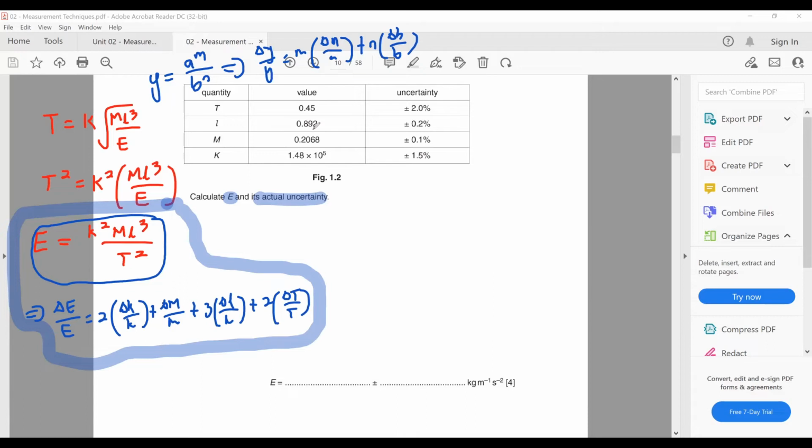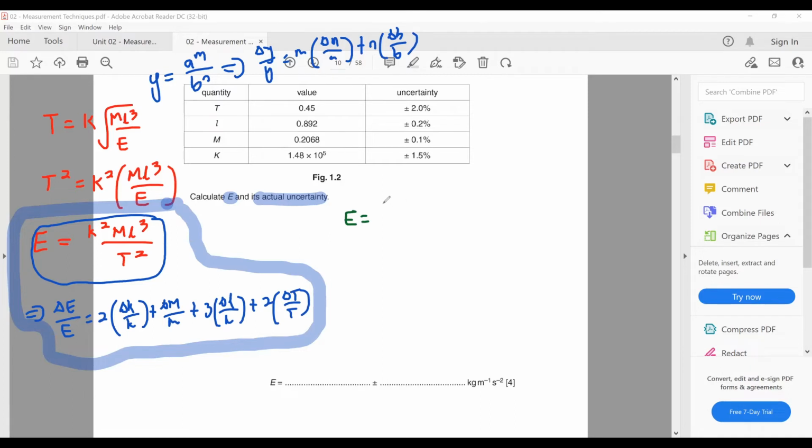You already have all the values here, and they're already in SI units, so you don't need to bother about converting from one unit to another. Just assume that everything is proper already because they're all in SI units. So what you do is you say that E is whatever the values you have here.